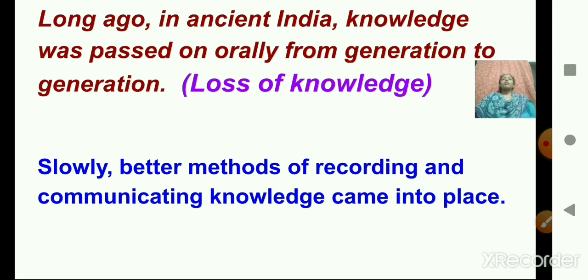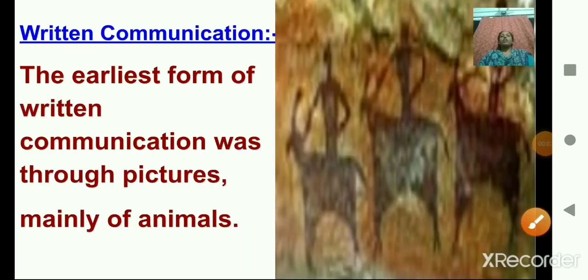It was not recorded in a written form, and because of this, knowledge was communicated to very few people, and this may also have resulted in the loss of knowledge. Slowly and steadily, what happened? Better methods of recording and communicating knowledge came into existence. That is, the writing form came into existence. We had the development of written communication.